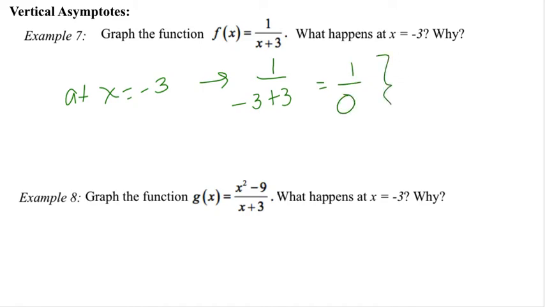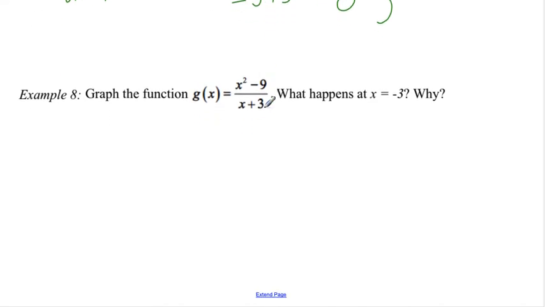Whenever we have a 0 in the denominator like this, that is a vertical asymptote. That will always be the case. When you have a 0 in the denominator and a non-zero number in the numerator, you will have a vertical asymptote at that value. So that's your reasoning why.